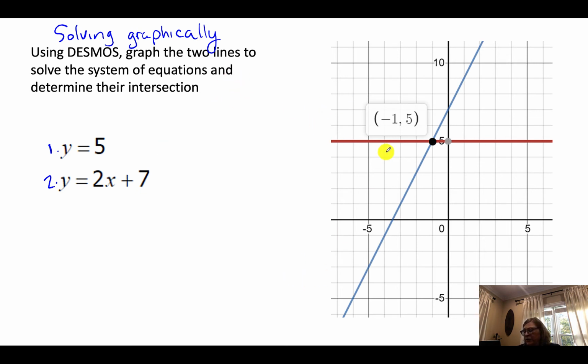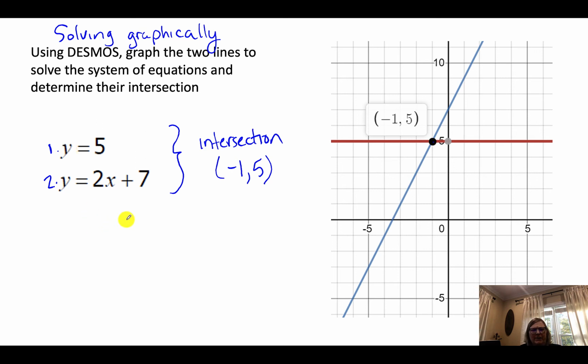Wherever they intersect, Desmos is so nice that if you hover your cursor over the intersection point, it pops up with the answer. For these two lines, the intersection happens at the point -1, 5. So -1, 5 is a solution to both lines.